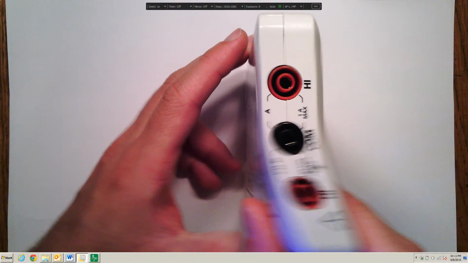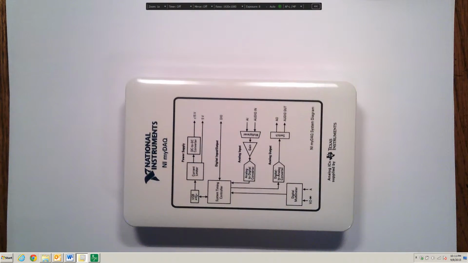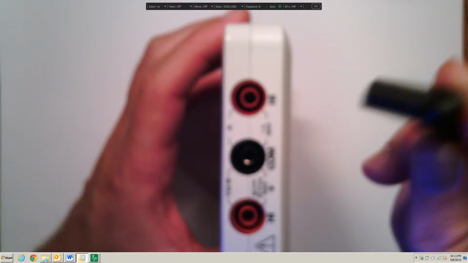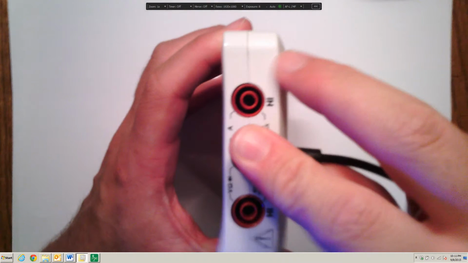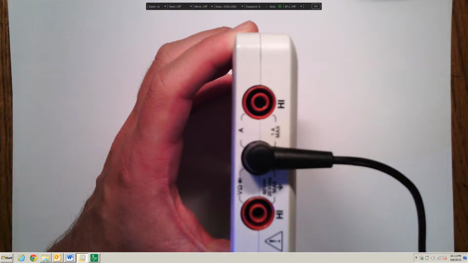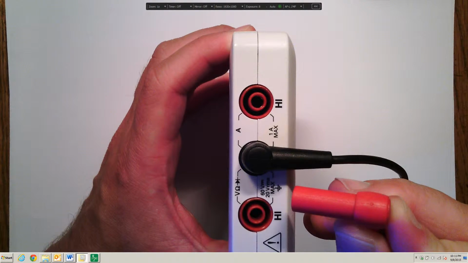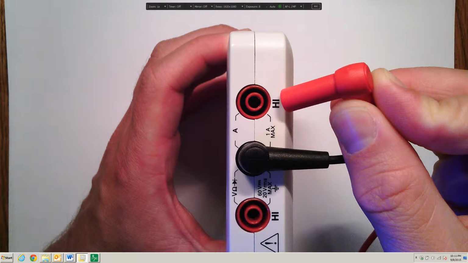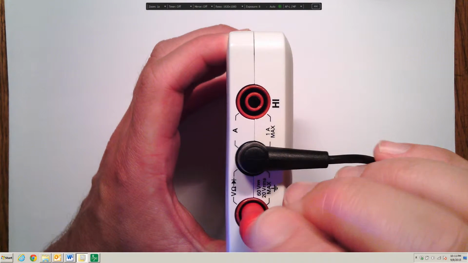The MyDAQ system comes with test leads, and we can connect those test leads just like we would for a multimeter. So we're going to place our black lead in the common, and depending upon if we want to measure voltage and continuity or current, we would place our other lead in the appropriate slot.